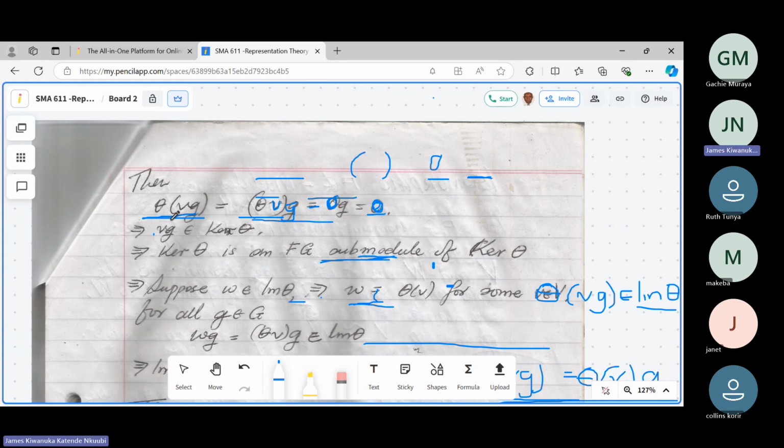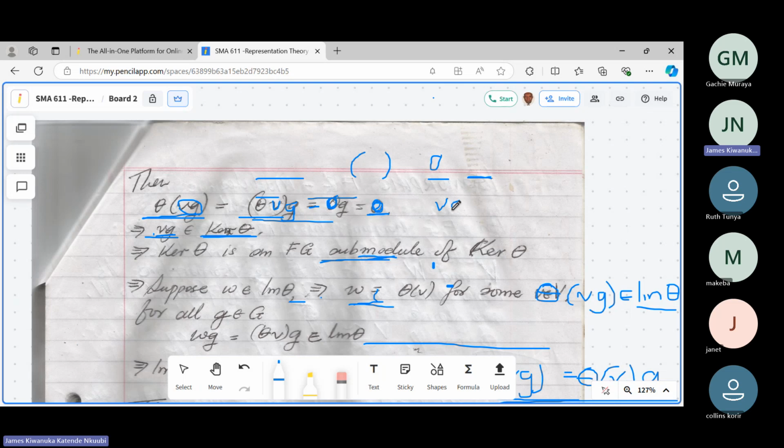That means that this linear map has sent this element VG to 0, and therefore VG must be in the kernel. So this tells you that the kernel is an FG submodule. It has satisfied the requirements. It's a subspace, and it preserves this multiplication.